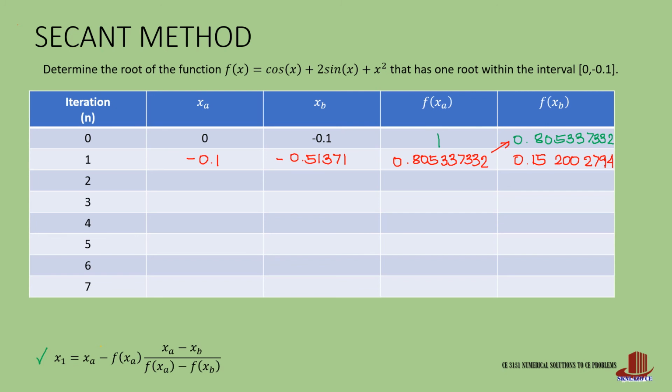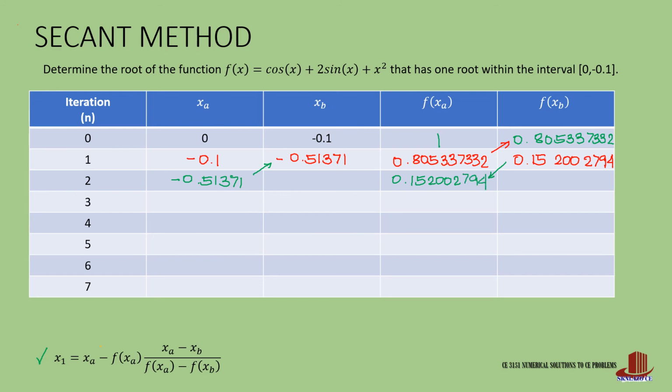Repeat the process. So your new x sub a would then be taken as negative 0.51371, coming from this value. Of course, its function would be coming from our f of x sub b earlier, which is 0.152002794.